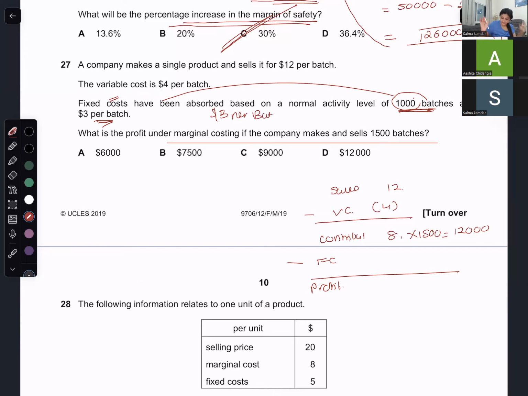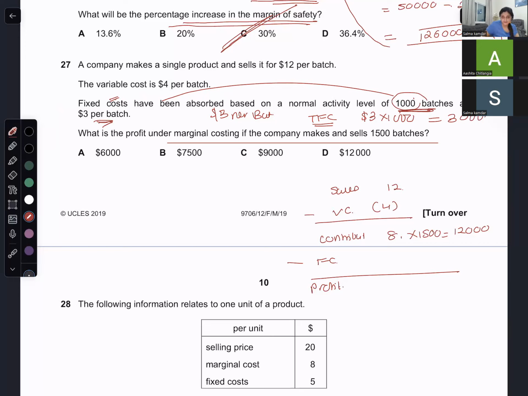So 3 into 1,000 is 3,000, the total fixed cost. Even if you produce more than 1,000, the fixed cost will remain the same.